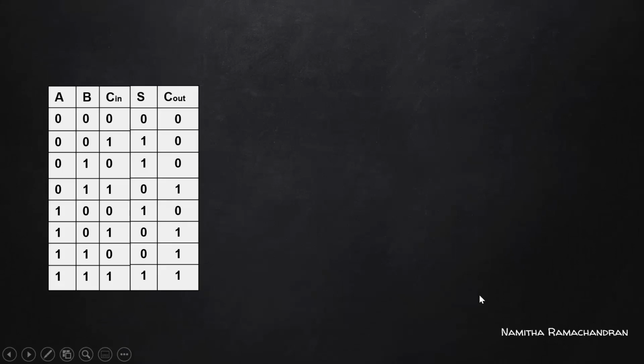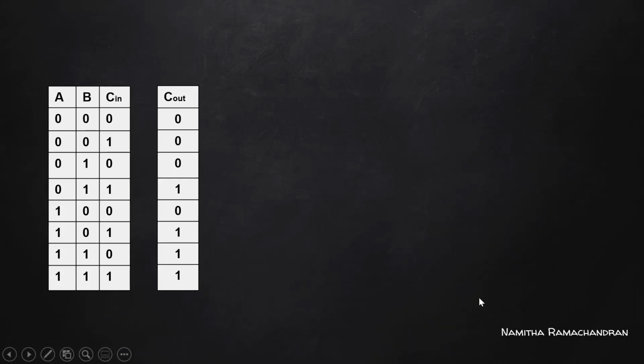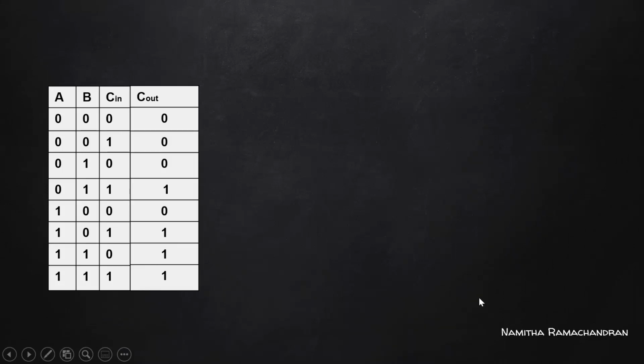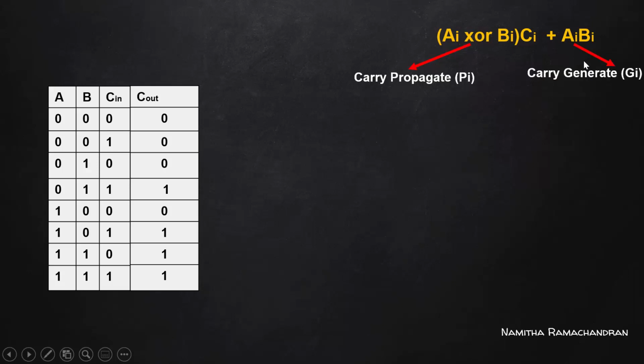So consider this case. This is the general expression corresponding to our C out from a particular level of full adder. So Ci plus 1 is Ai XOR Bi and Ci, or Ai and Bi, in which this Ai XOR Bi is the carry propagator and Ai and Bi is the carry generator.